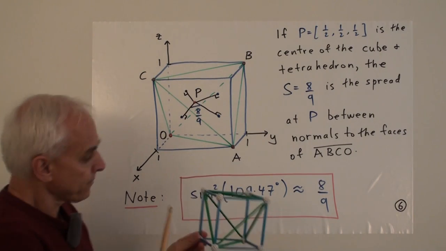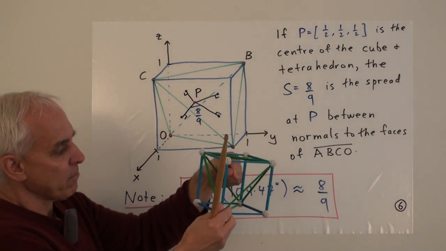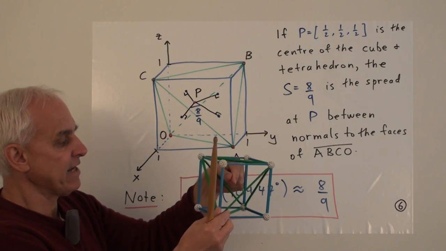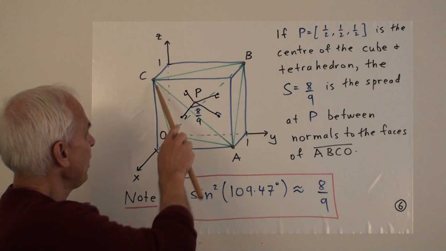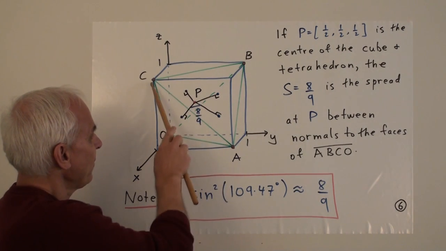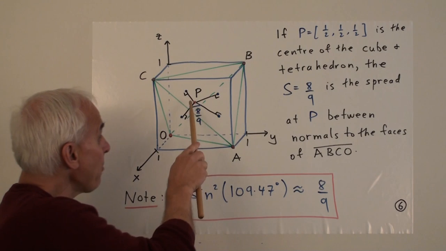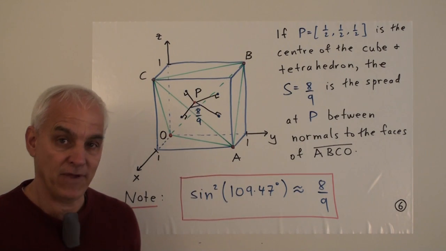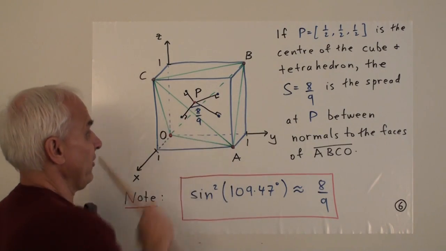Now if we take the center and imagine drawing perpendicular lines from that center to the four faces of the tetrahedron. So here, for example, is one face, and imagine just drawing a perpendicular line, like an altitude, from our center to this face. Then that's a normal to this face.